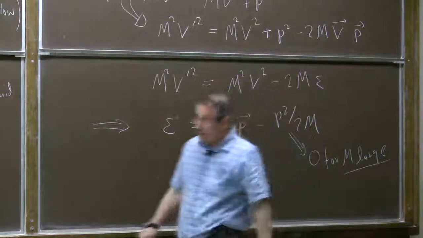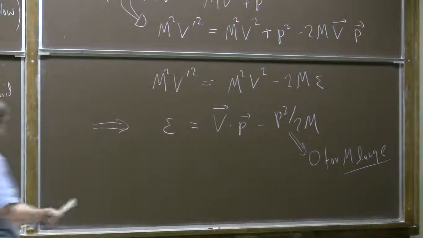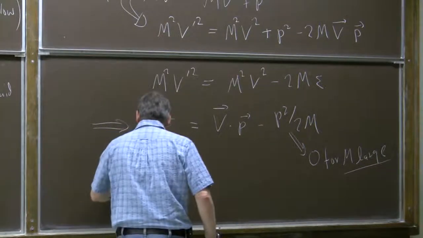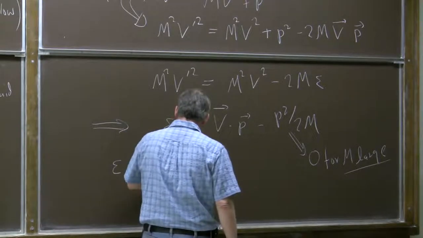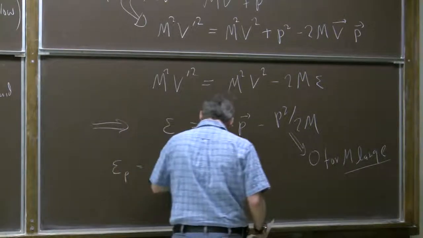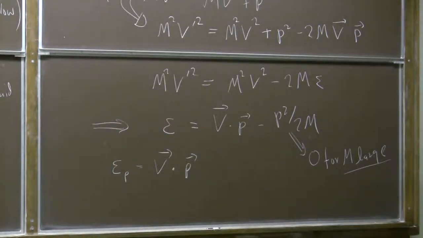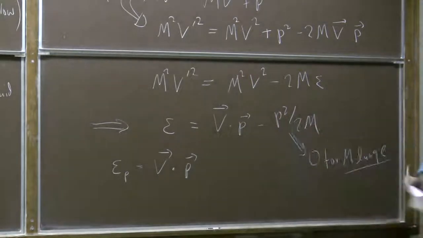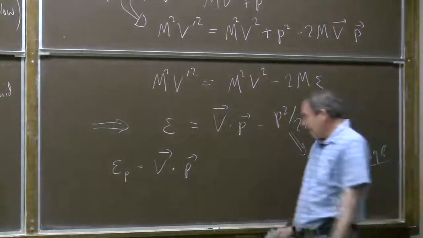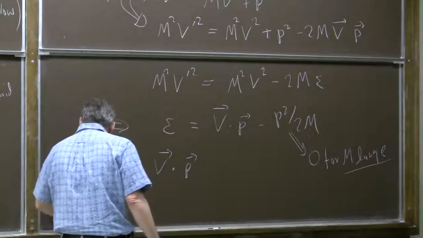So if there's a kinematically allowed collision which allows the projectile to lose energy by exciting an atom, the energy of the atom, which has momentum p, will be equal to the velocity of the projectile dotted with the momentum of the atom. So if the energy of the atom with momentum p is greater than pv, the collision will not be kinematically allowed, and therefore there will be no dissipation.